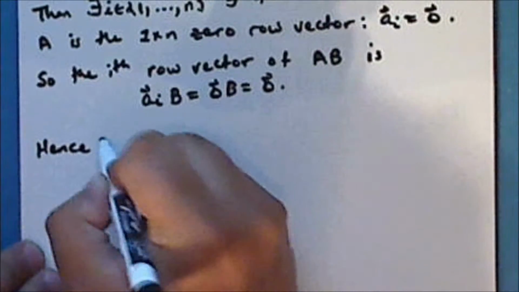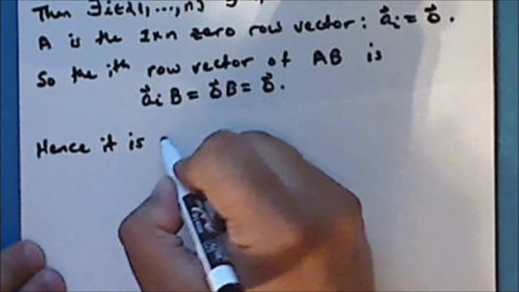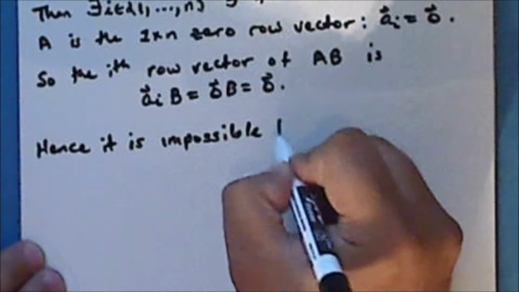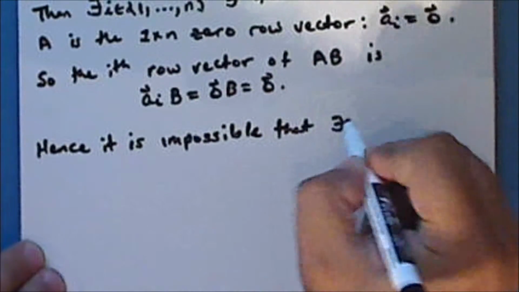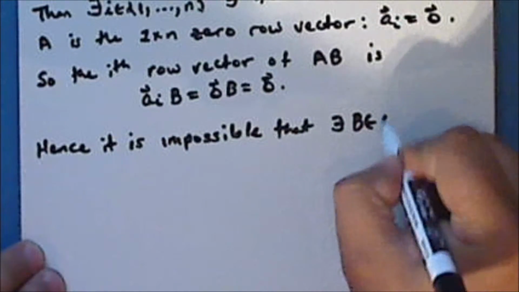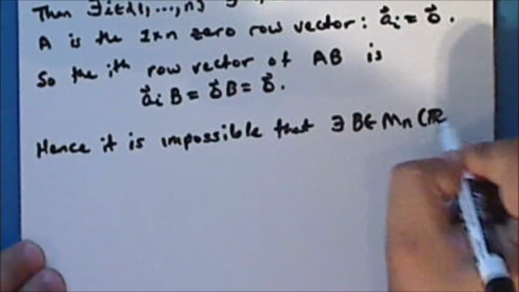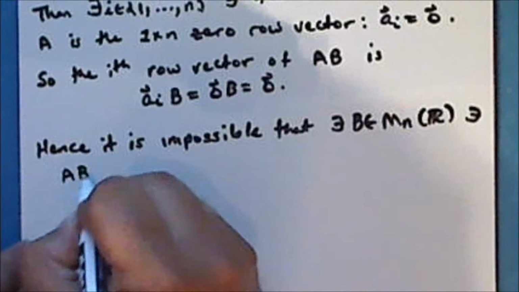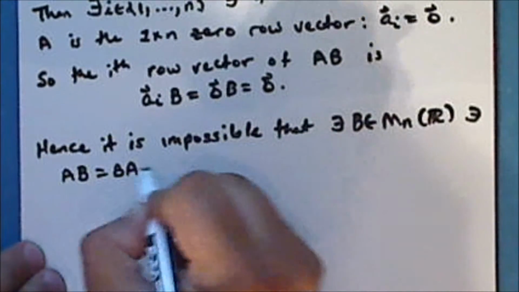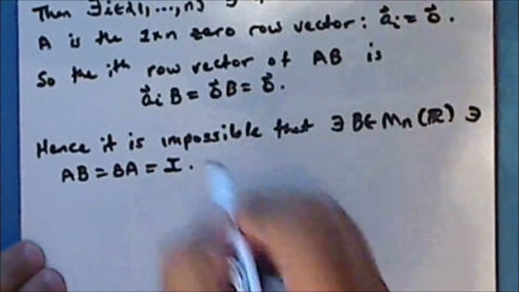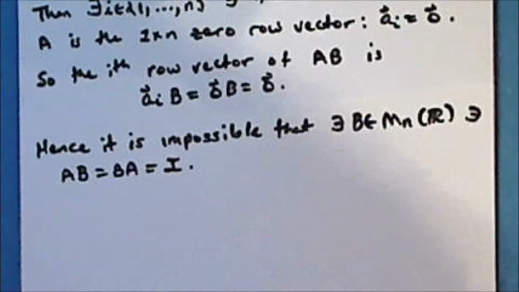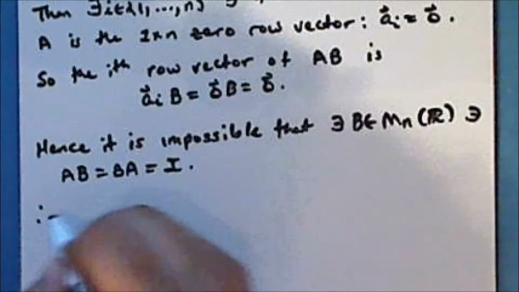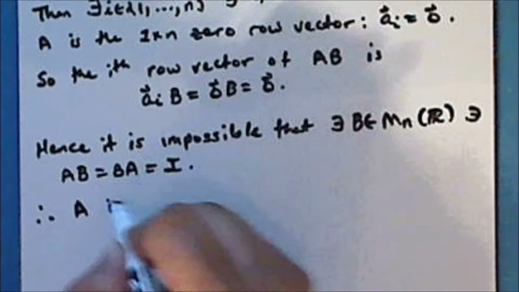And hence it is impossible that there exists a square matrix B of order n with real entries such that the product A times B is the same as B times A, which is the identity matrix, since the identity matrix does not have a row of zeros, and therefore the matrix A is singular.